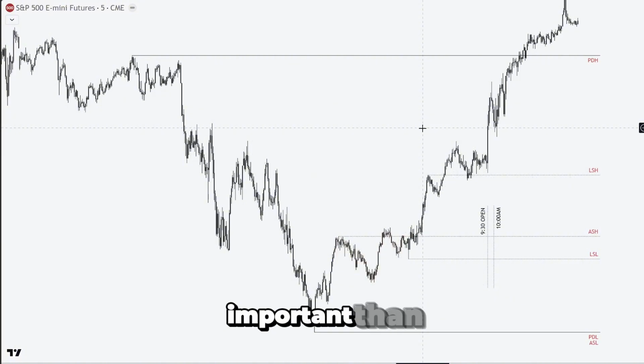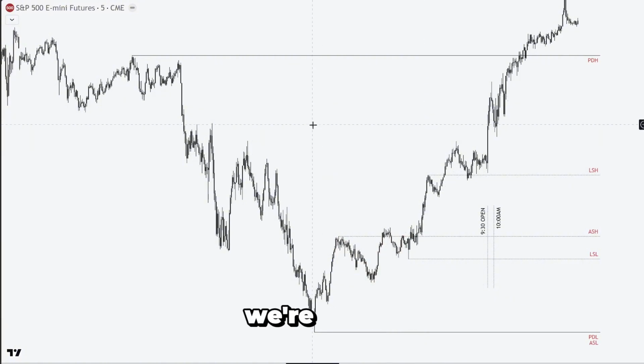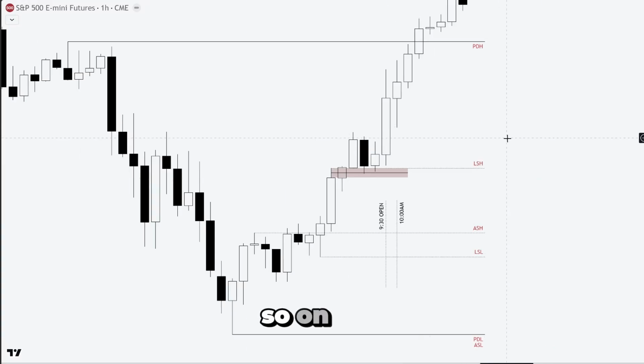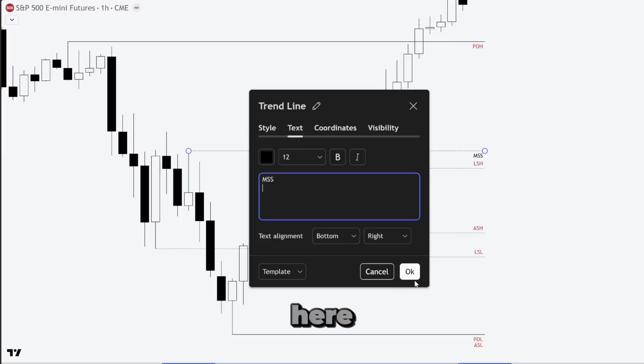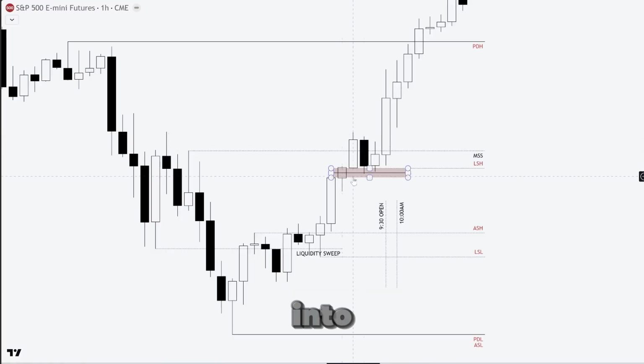But more important than that, and better than that, we're going to want to jump into a 1-hour chart. On this 1-hour chart, we've got some things going on between yesterday and today's move. I get a liquidity sweep here, market structure shift here, and then I get a retracement into essentially an inverted fair value gap here.